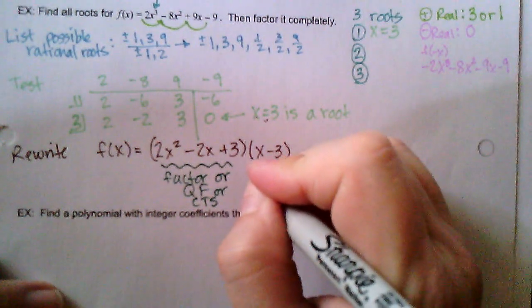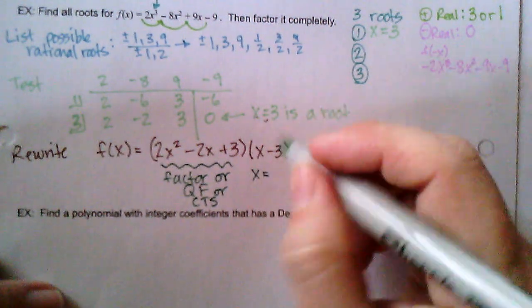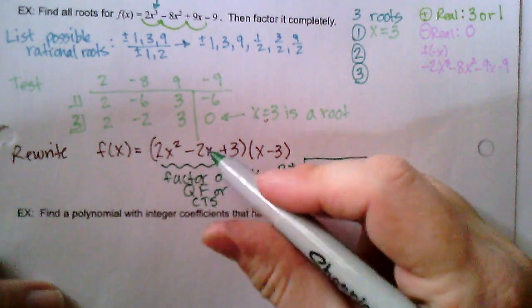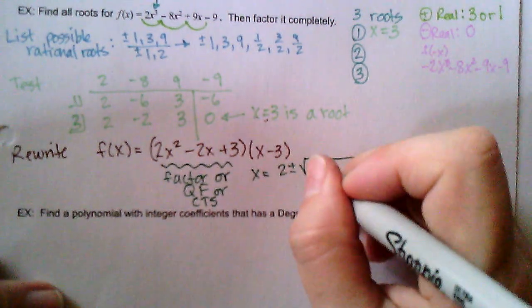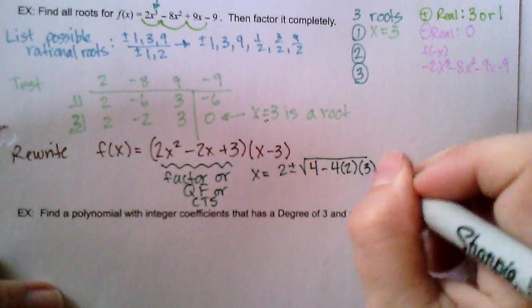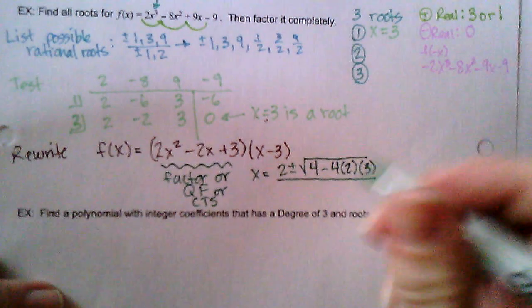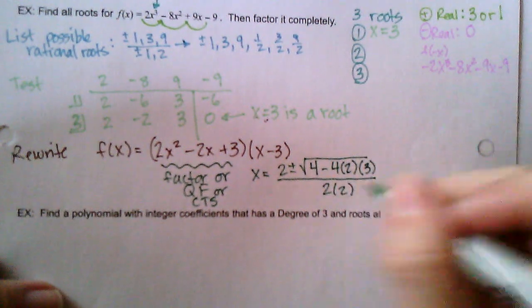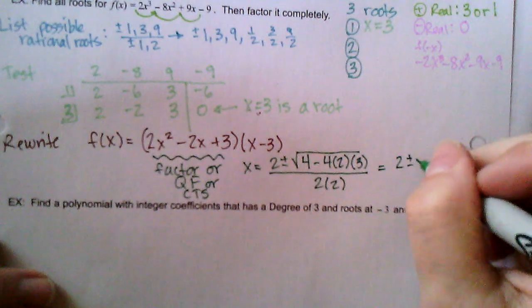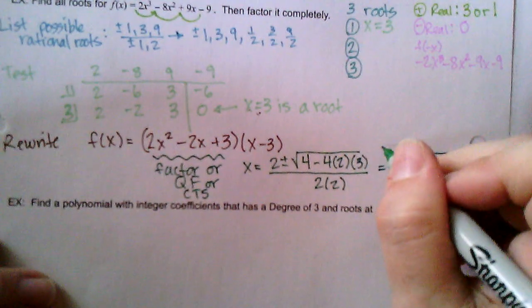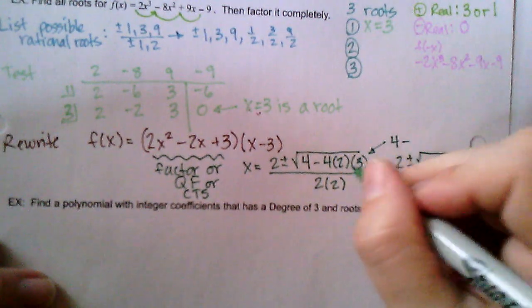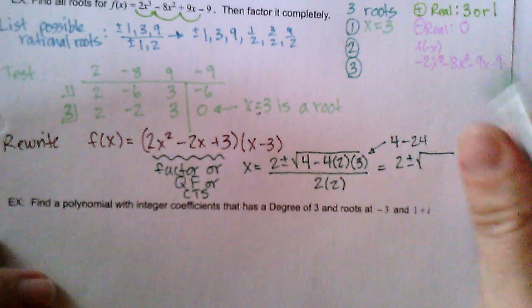So I'll have x equals the opposite of b. So 2 plus or minus square root of negative 2 squared, which is 4, minus 4 times a, which is 2, times c, which is 3, and then all over 2 times a, which is 2. So that gives me 2 plus or minus the square root of, inside the discriminant, that would be 4 minus 8 times 3, 24.